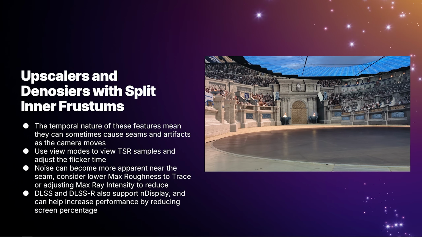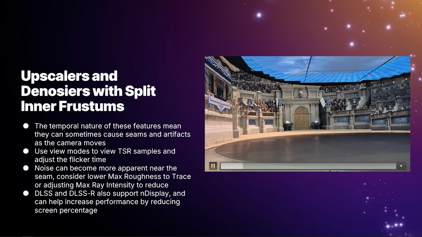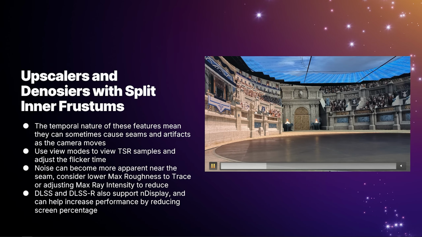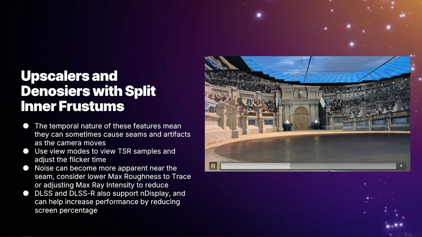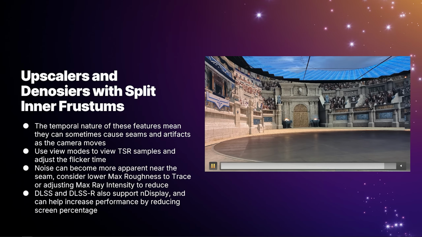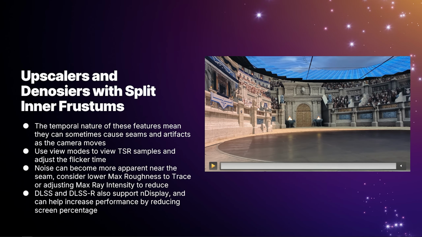So upscaling and denoising, again, these are temporal. So if you're using something like TSR, you may see a trail as the frustum moves. I think you could see it slightly on here. You can see as it passes across that door, you see a shadow moving across. That's where the seam is. So you can change your TSR settings.